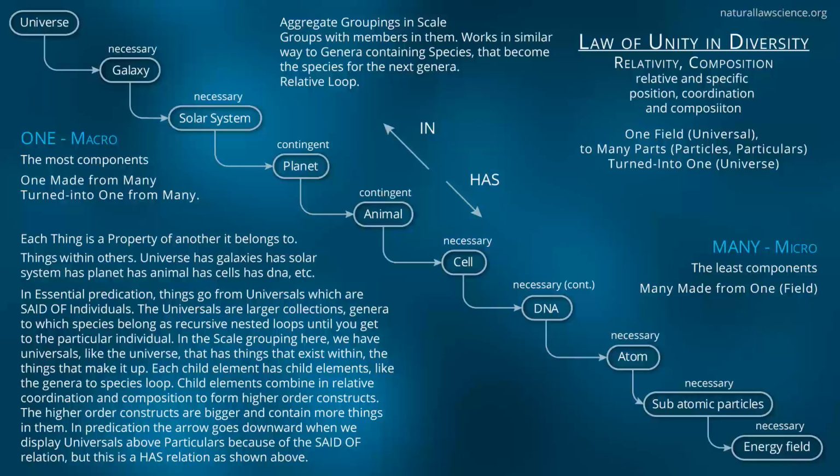So going back to my infographic 17A, that's what this represents. So if we have the one field, which is a universal, which is the energy field which all things come from on one side, and from that we produce more things, more and more and more many parts. From the energy field to the subatomic particles to the atom, we're getting into more and more things. The energy field is apparently one thing, but it's one thing of many that ends up being created because we have the subatomic particles, which are the most parts.